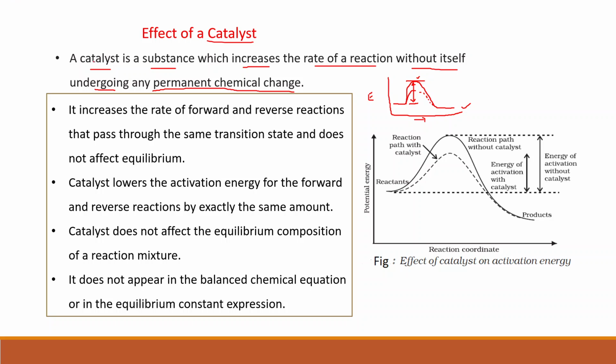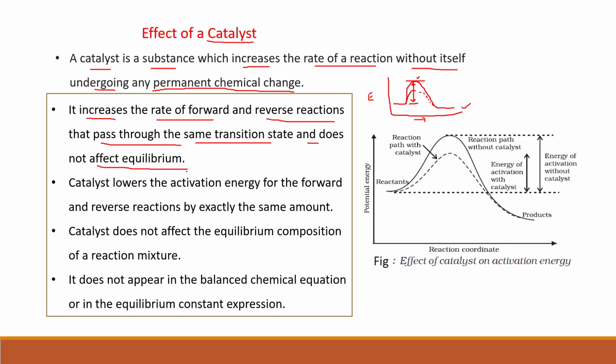So when we add the catalyst, what will happen? The catalyst increases the rate of forward and reverse reactions that pass through the same transition state and does not affect equilibrium. It will not change the equilibrium composition. It simply achieves the equilibrium earlier.